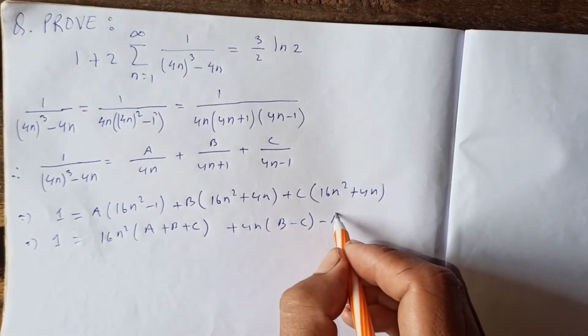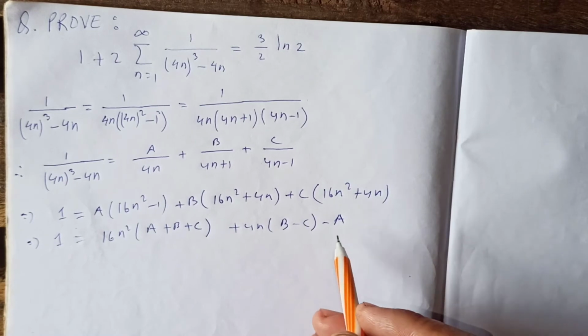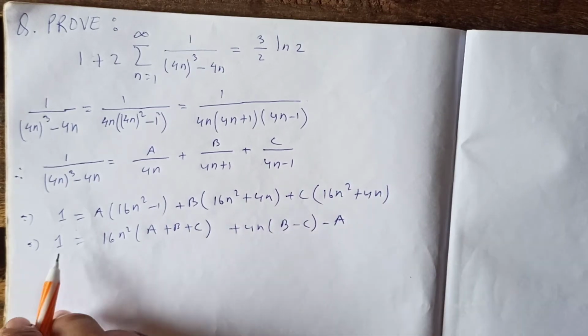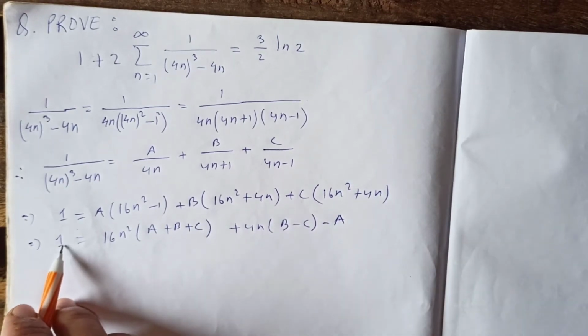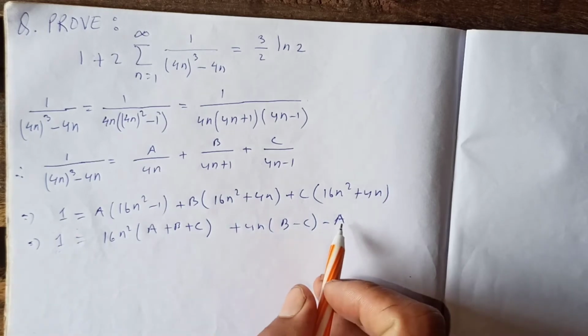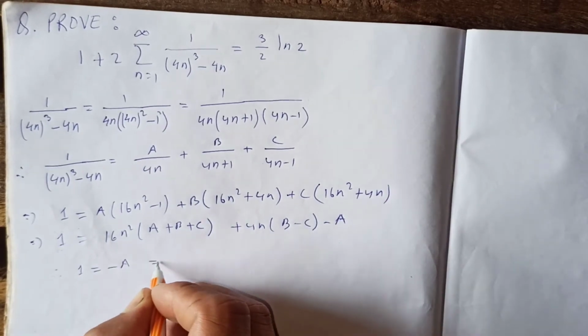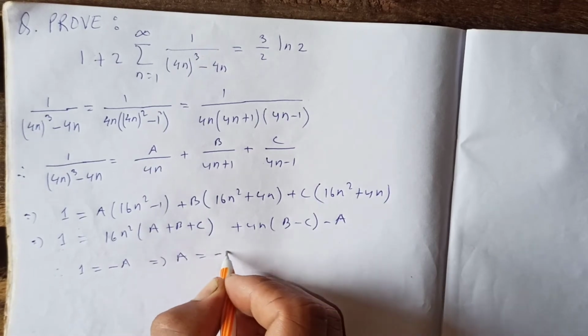Now we are going to arrange the terms as n squared, n, and n to the power 0. On the left hand side there is no n squared or n, meaning this term must be a constant. Therefore 1 is equal to negative a, meaning a is negative 1.